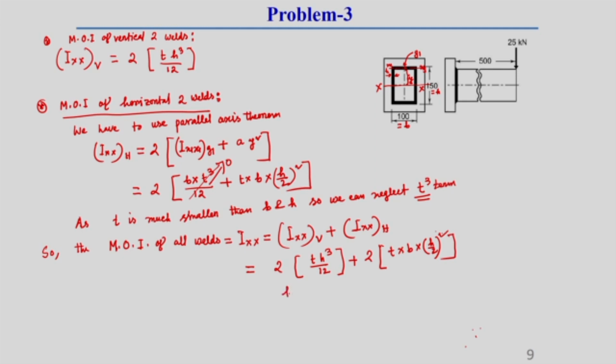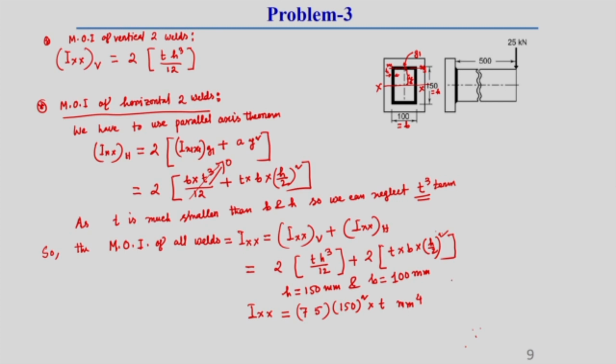So, by putting H equal to 150 mm and B equal to 100 mm, we get Ixx, directly I am just putting the thing, Ixx equal to 75 into 150 whole square into T millimeter to the power 4.